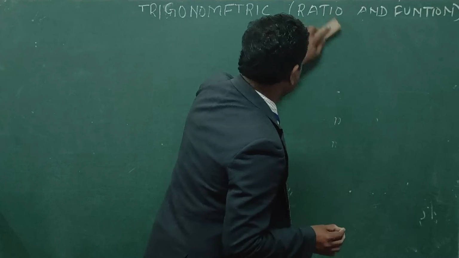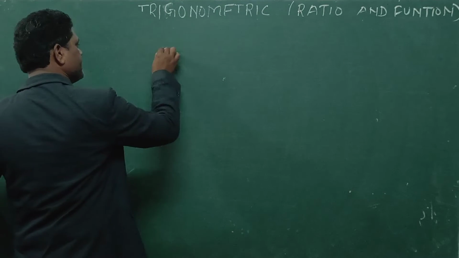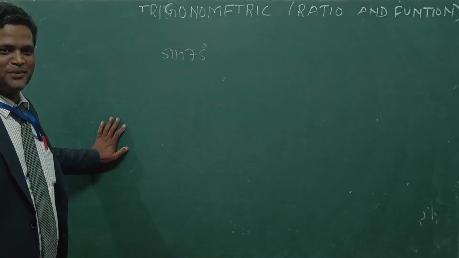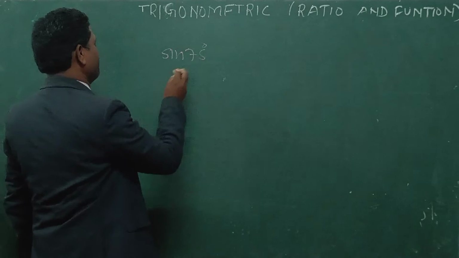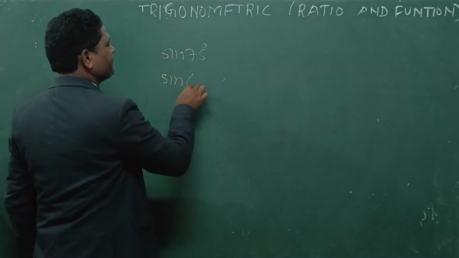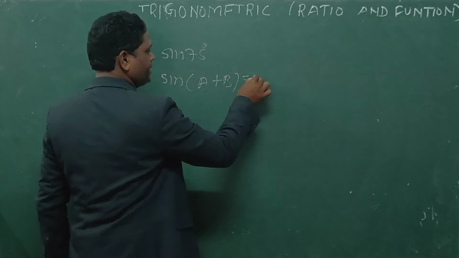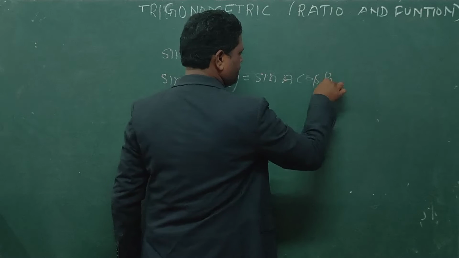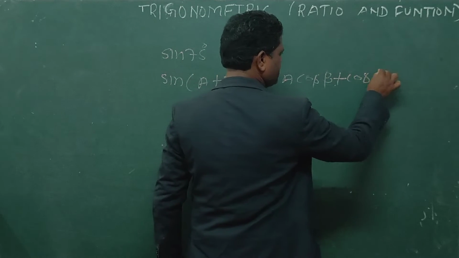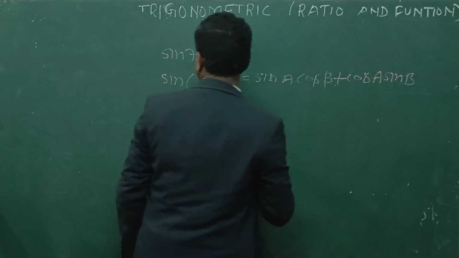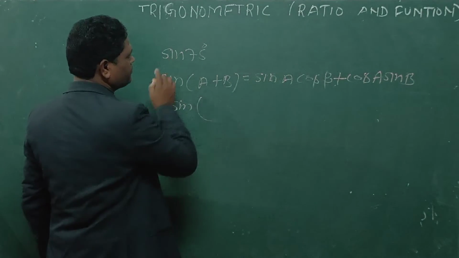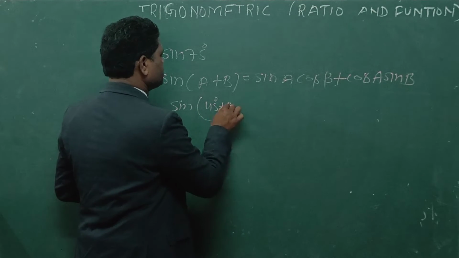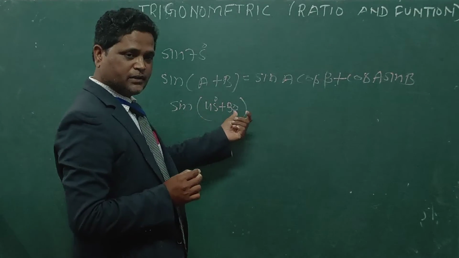Suppose we find sin 75 degrees. Now we know that sin of A plus B equals sin A cos B plus cos A sin B. So sin 75 is split into two parts, 45 plus 30 degrees.